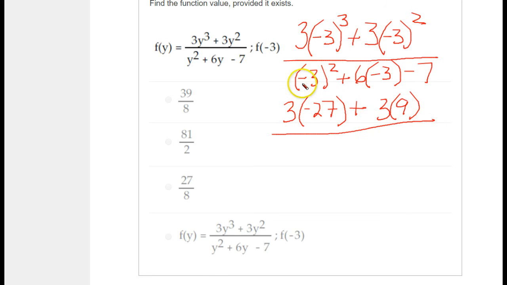And then this is going to be a -3 times a -3 is a +9. This is going to be a -18 and a -7. So I'm showing lots of work as I take it step by step because I want to get this correct.